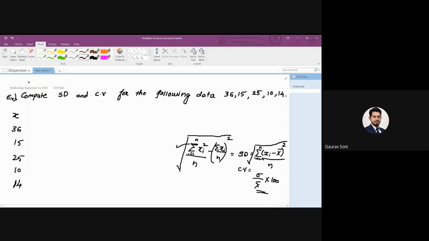So we have xi square summation, so I'll make the column xi square. Then we also need summation xi, which is already there. So this sum of x is 100.